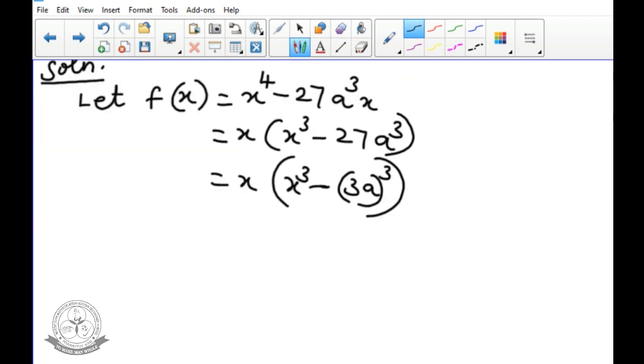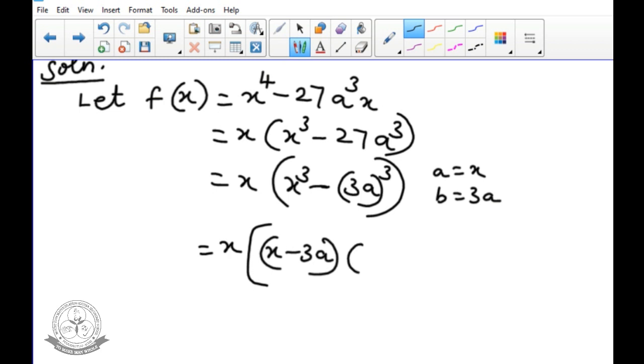Here also we can apply the formula a cube minus b cube. What is the formula? It is a minus b into a square plus ab plus b square. Here a is x and b is 3a, so a minus b is x minus 3a.